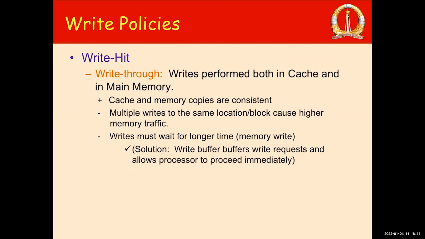Okay, let's also quickly talk about what happens on a write. If the data is already available in the cache block and this is a location that you want to write, then you can either write that value in the cache as well as in the memory or the next levels of hierarchy, which is what is called write through.